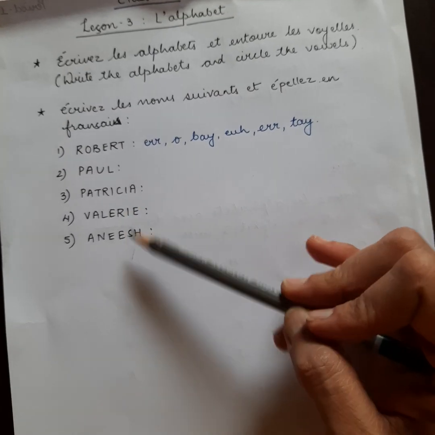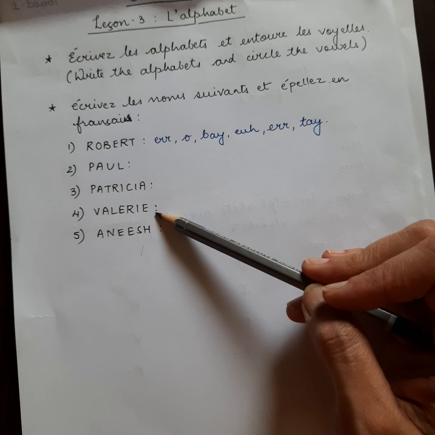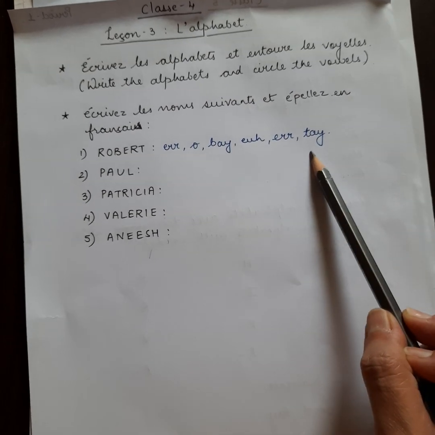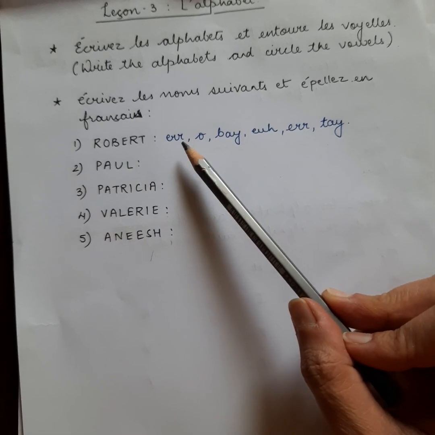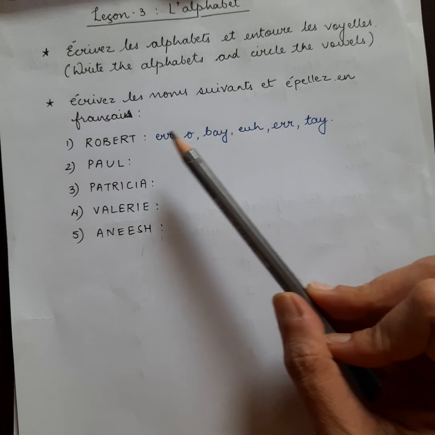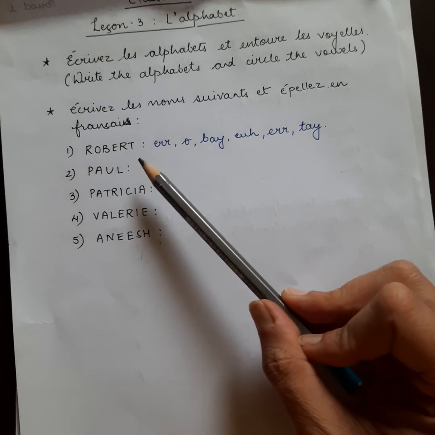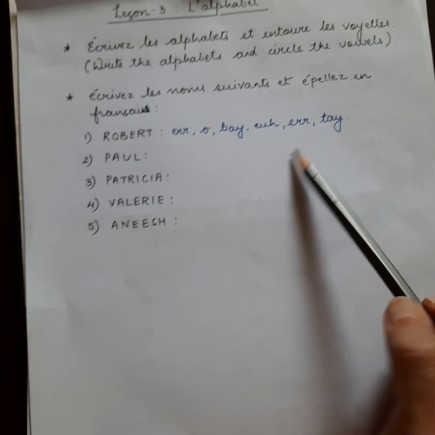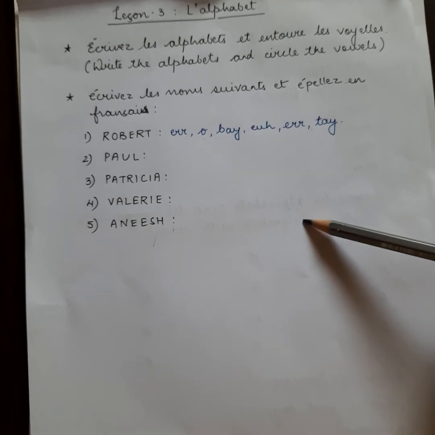Write down these 5 names: Robert, Paul, Patricia, Valérie, Anish. And you have to spell them in French. For example, R is known as "air", O is "o", B is "bay", E is "euh", and T is "tay". Similarly, you have to finish these questions.